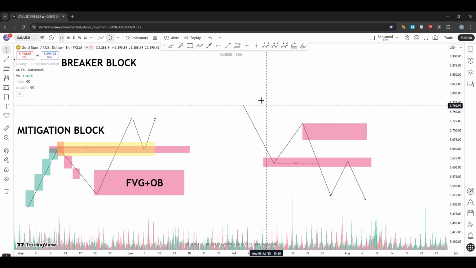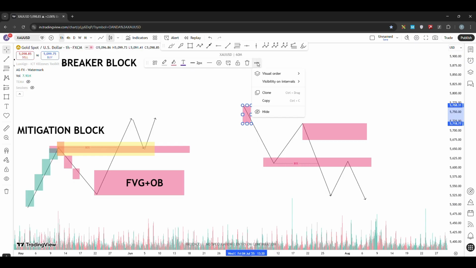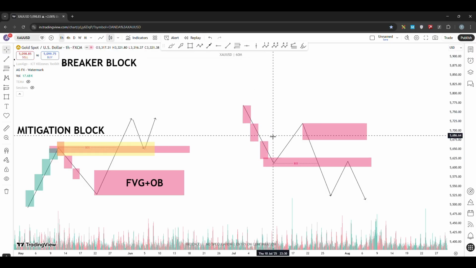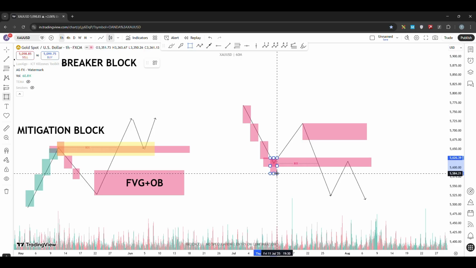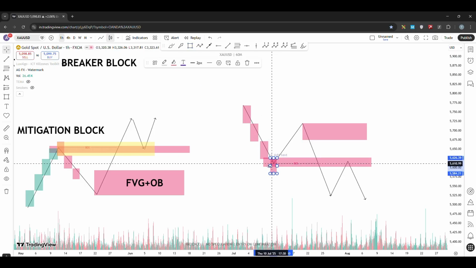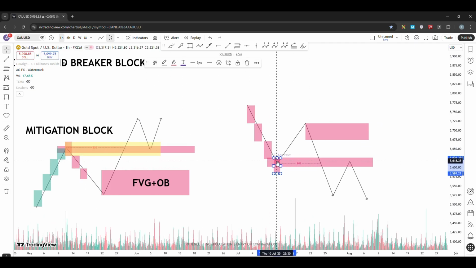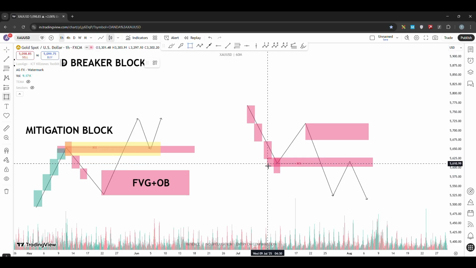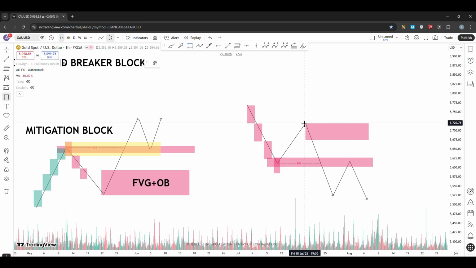And once again, in this case, the mitigation block will be, let's say the market is dropping like this. There are multiple candles one after another, and the market drops to this zone. And here, let's say the market gives another red candle, and once again the candle color of the mitigation block does not matter. This can be a red candle or a green candle. What matters is that this should be the last candle before the market pushes higher for a pullback.